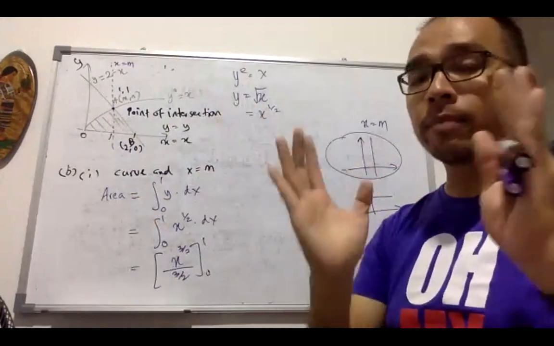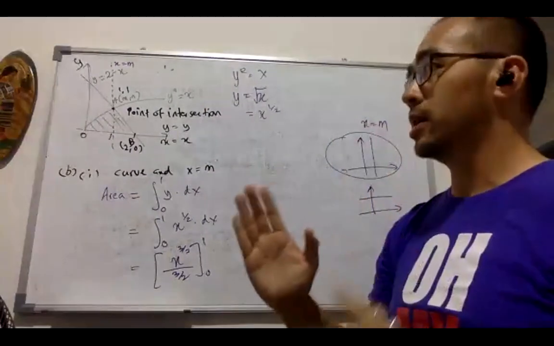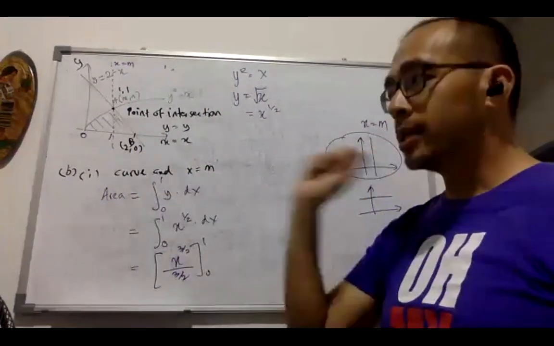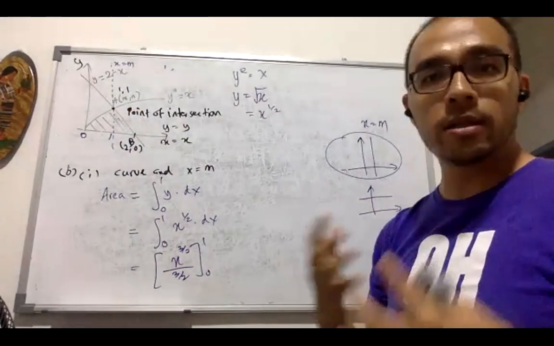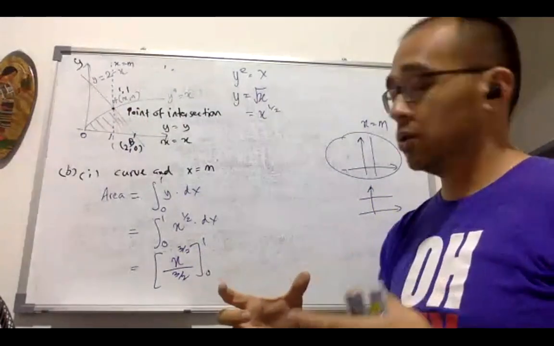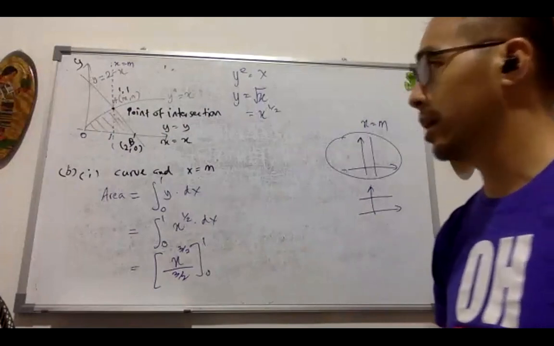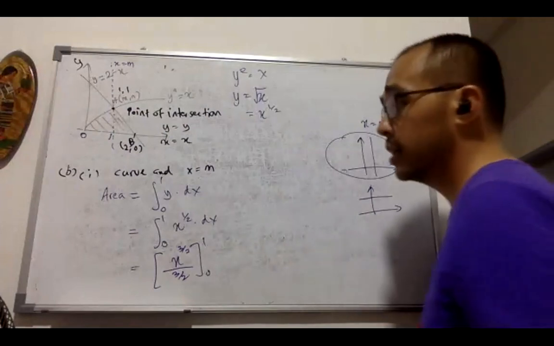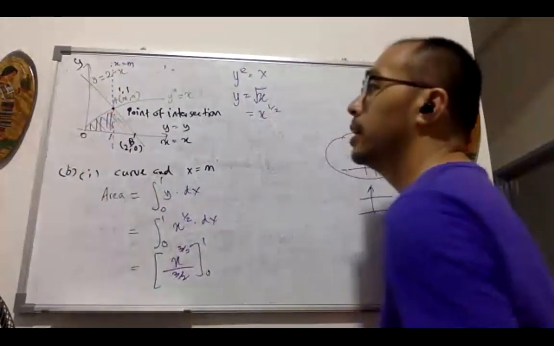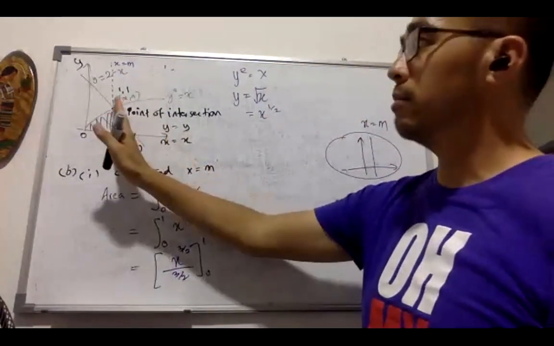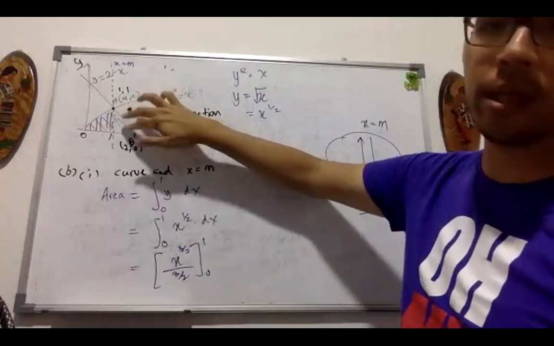So we need to understand di mana dia punya sempadan, and then di situ saja. Not necessarily tempat yang kamu lorek itu yang kau kena cari. Sometimes we need to read the question to figure out which region they want. In this case, saya mau tahu this area saja, which, if you think about it, tiada kaitan pun dengan bahagian ini.